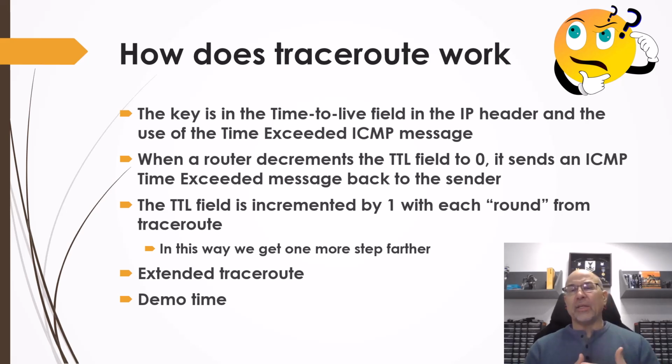And then you send another TRACEROUTE message, actually an ICMP message, out with a TTL set to 2. So it gets by the first router, gets to the second router, and then the TTL is back down to 0, and that router responds, and so on and so on and so on. And of course, we have extended TRACEROUTE as well.